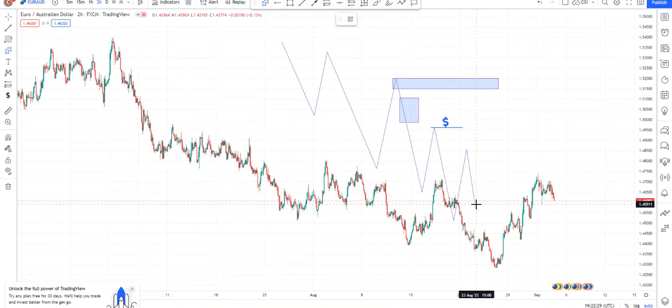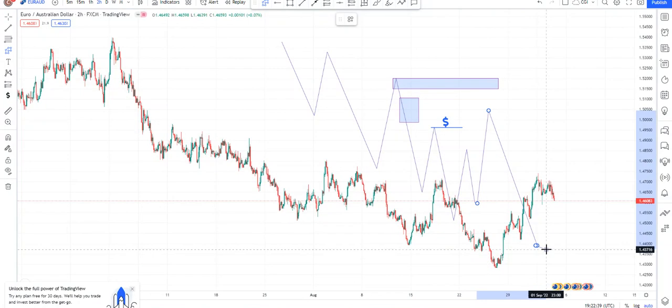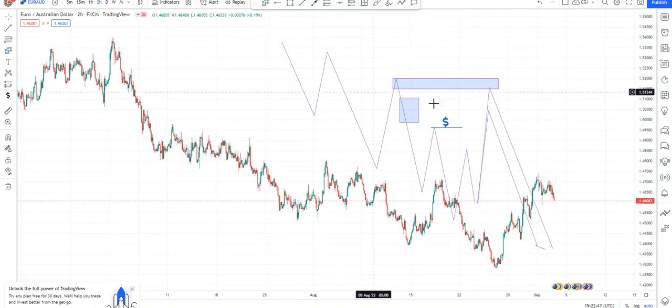Will it come in here, take out the liquidity and fill in the imbalance, and go lower, or will it actually go into my sponsor candle before selling? So you could test maybe these two strategies: selling at the imbalance or selling at the sponsor candle.